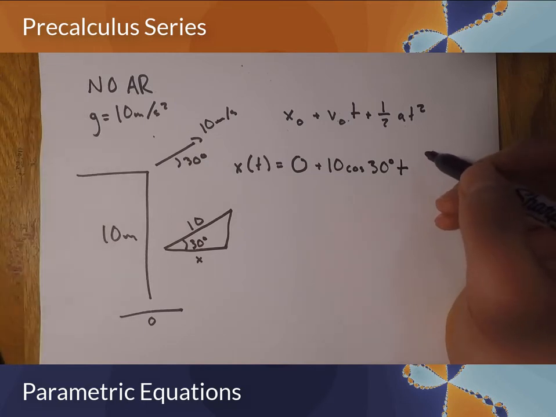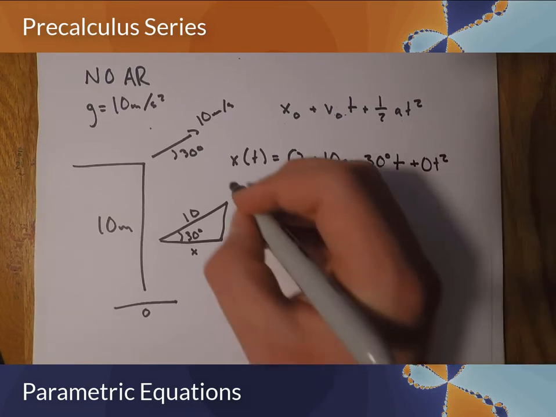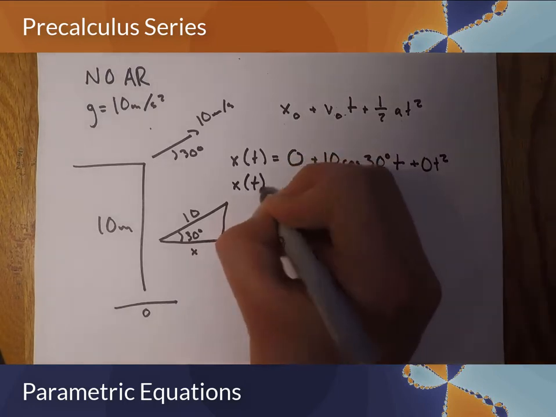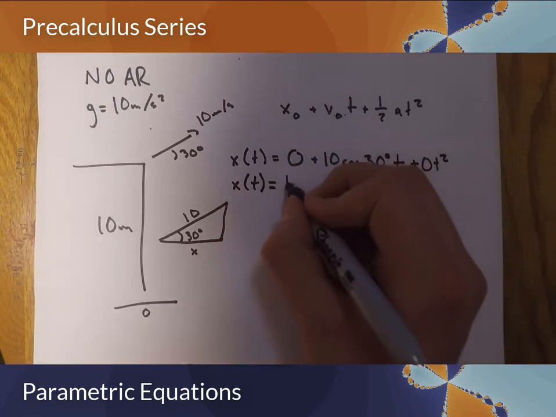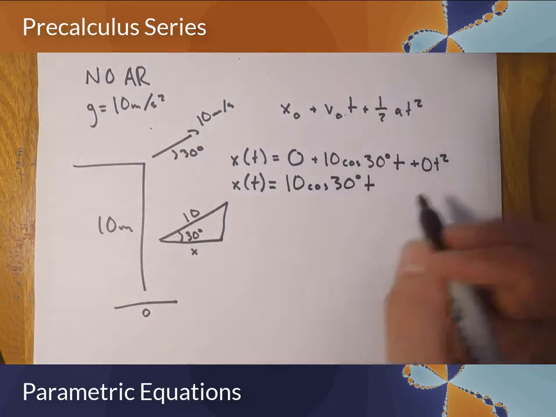And since gravity only acts in the y direction, there is no acceleration, so that's also 0. So we're left with, for the x equation, x of t equals 10 cosine of 30 t.